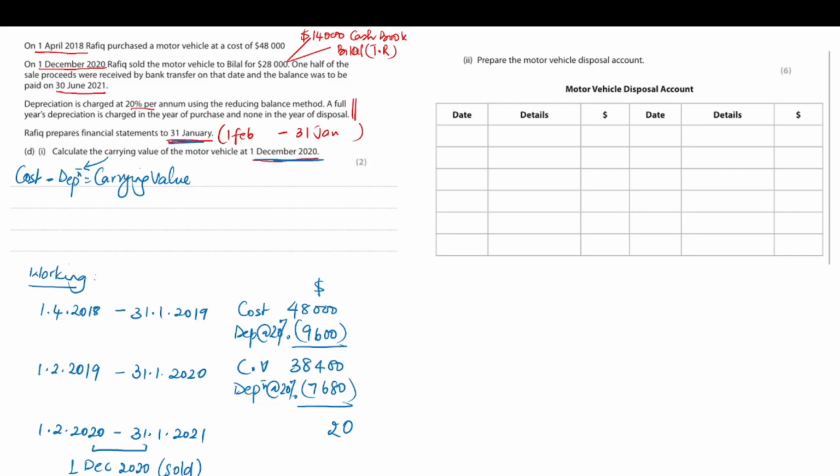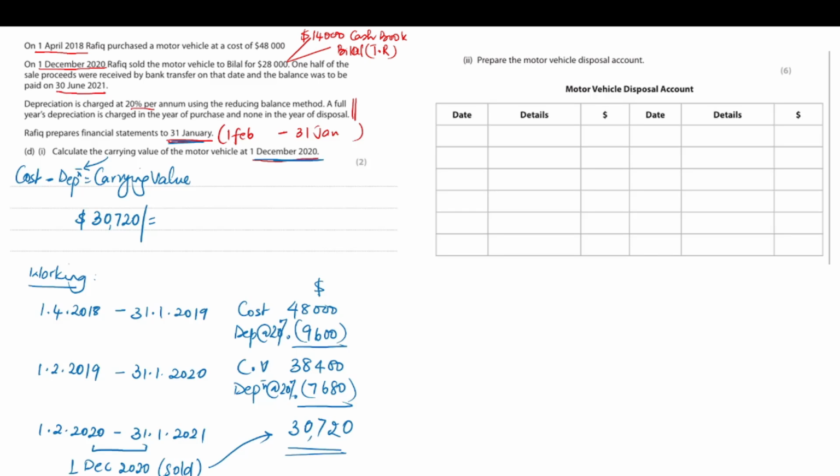Just a minute. And then 30,720 is the carrying value on the date of sale. So you will write carrying value was $30,720, which you can calculate and show them the working.